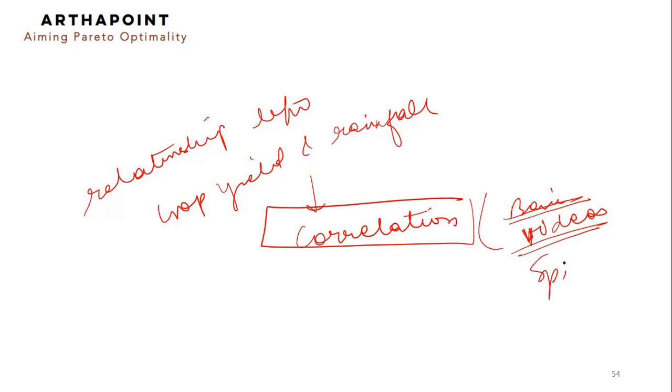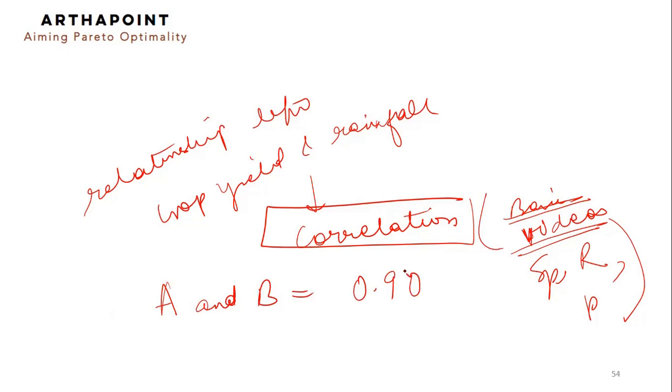One is Spearman correlation, rank correlation, Pearson correlation. So you have to ideally just understand what a correlationship is for now. Correlationship is the relationship which is both-sided. So if I say that the correlationship between variable A and B is 0.90, then it is a dual way relationship. A and B move in the same direction with 90% relation.